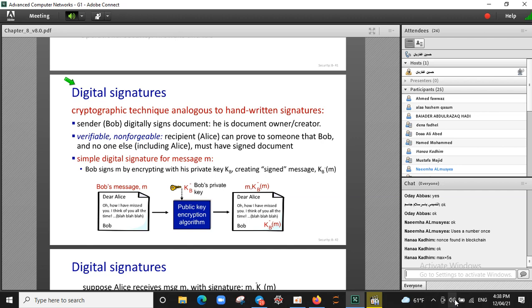Can we have a similar strategy in the digital world, especially when I try to send a request, for example, to buy something?